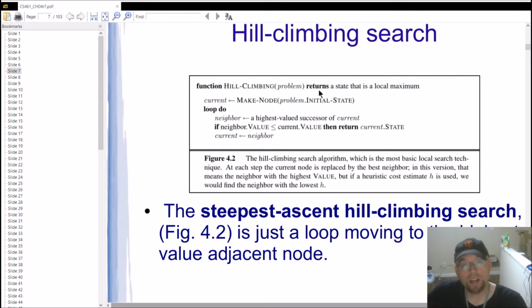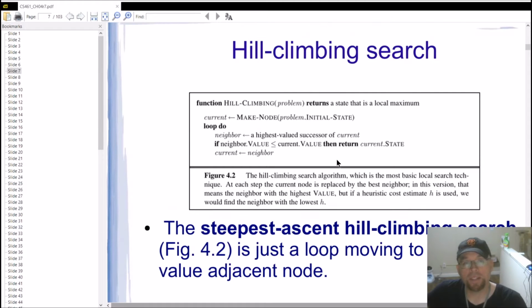So function hill climbing, problem. That just means all the necessary functions are in scope. So what does this return? A state that is a local maximum. So the way this is defined is that this is an algorithm that is going to progress through the nodes who have the highest child node values, right? So we're going up.